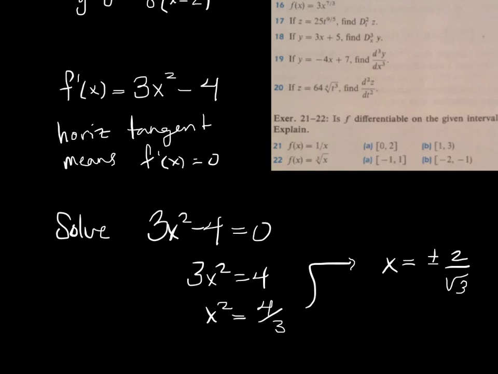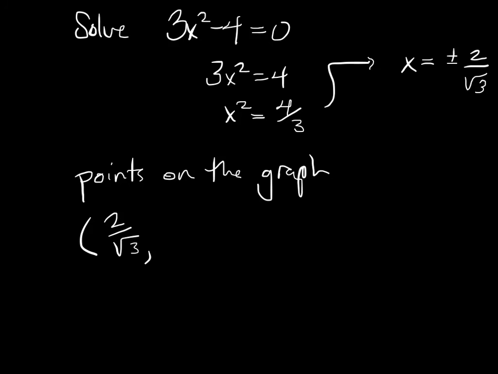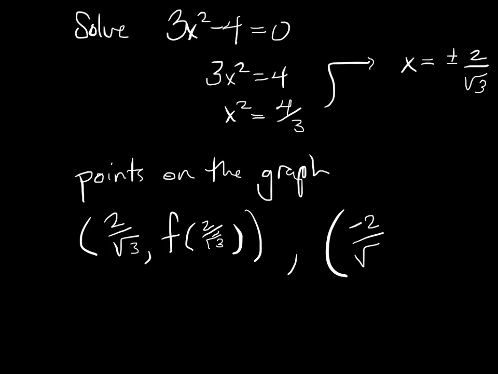And of course, you can fix the radicals if you want. So anyway, the points on the graph are 2 over root 3 and then f of 2 over root 3, and negative 2 over root 3, comma, f of negative 2 over root 3.